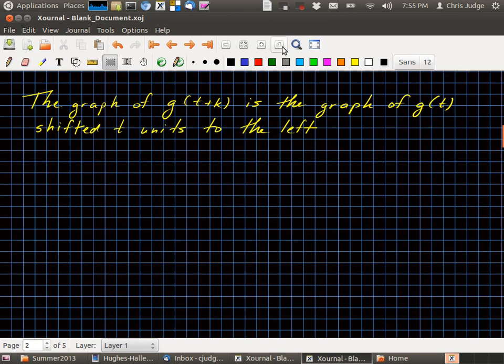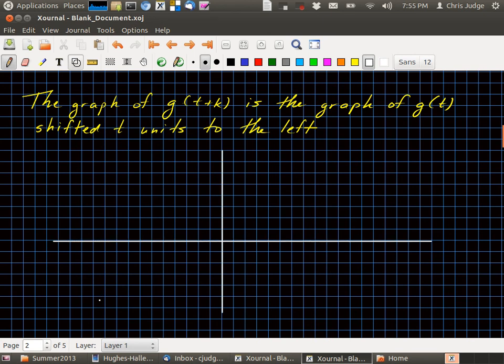Okay, there's the rule. Let's suppose we have the following example. We're given a graph of a function. Instead of calling it g, let's call it h. It might be given as h, and the independent variable in this case may be x. But the same rule applies.